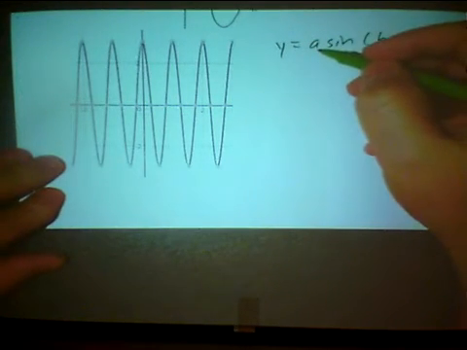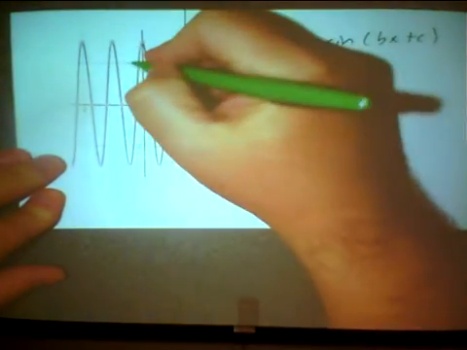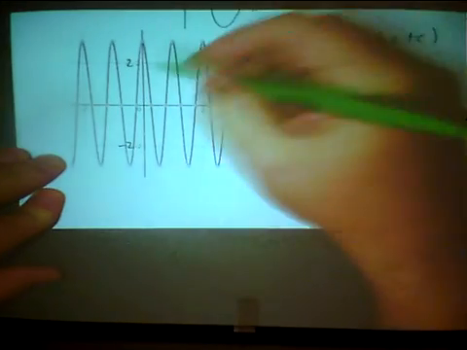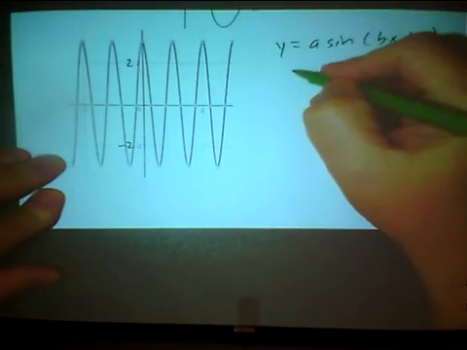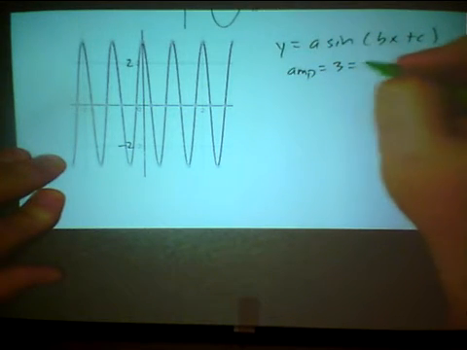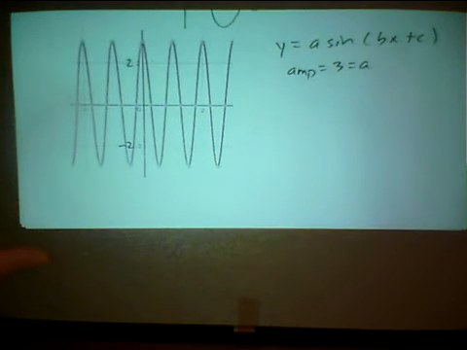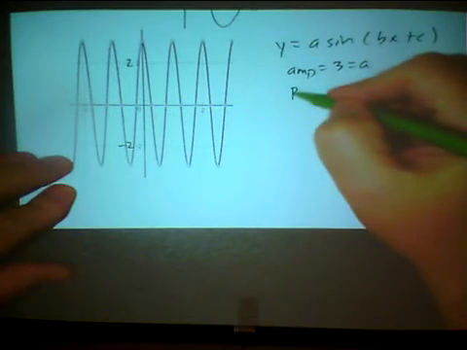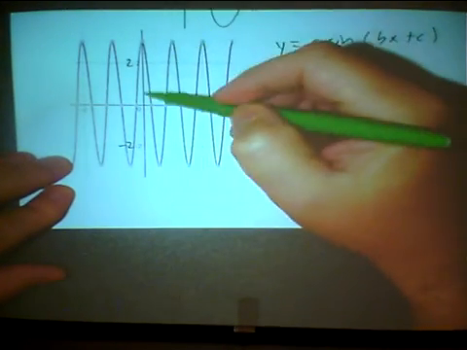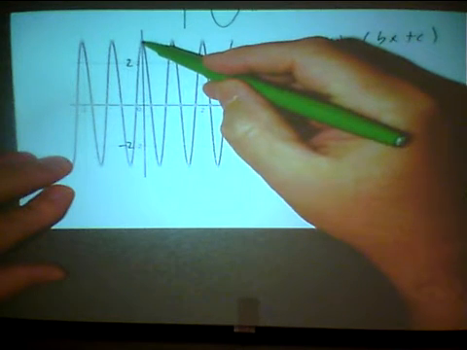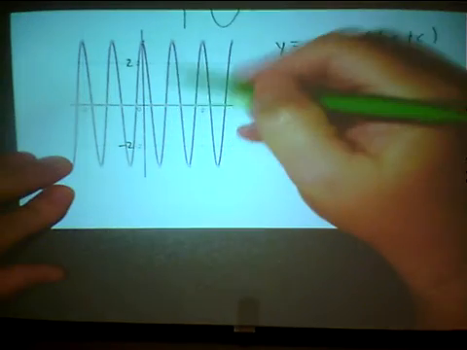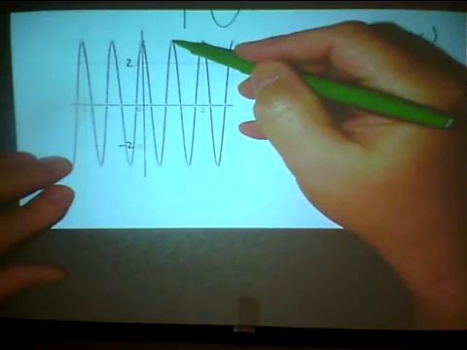Now the amplitude, if you can tell, this is 2 right here, and this is negative 2. So it looks like the amplitude is going to be 3. So A is 3. Let's figure out the period. So if I go to when x is 0, it starts here at the top, goes down, comes back up, and it finishes right here.